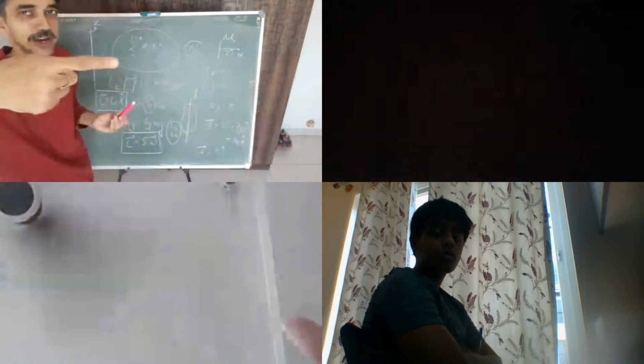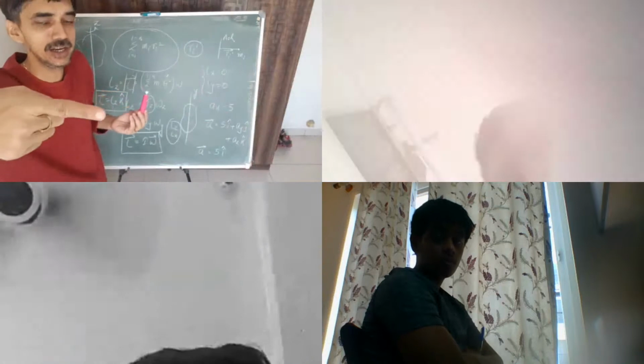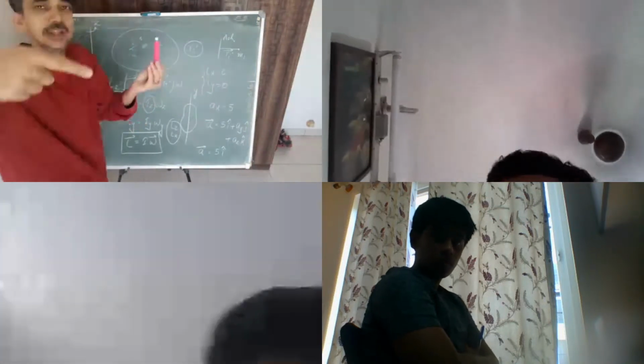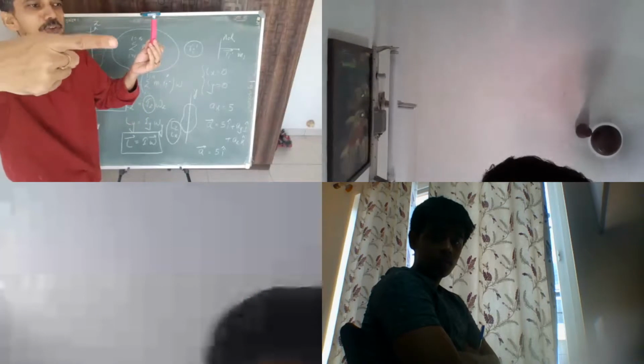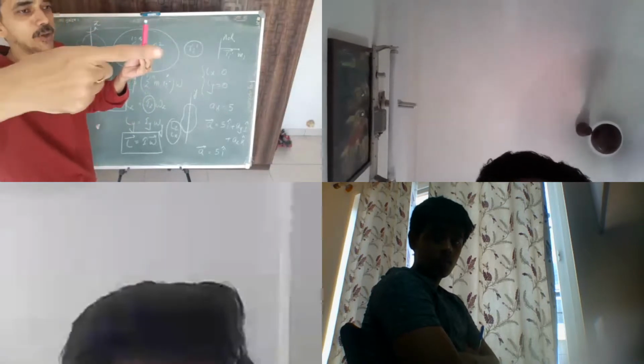Look over here. This finger is the velocity direction. This is the circle that I'm moving in, the particle is moving in, right, Krish? So this finger is the direction of velocity. Now what will happen to this finger? It is changing its direction. See for yourself.